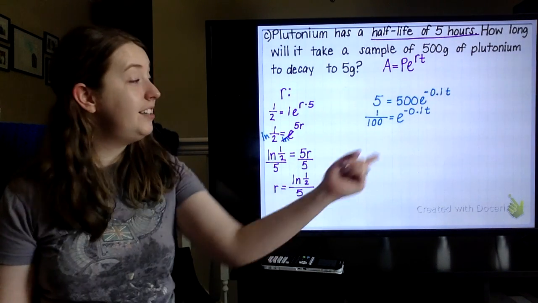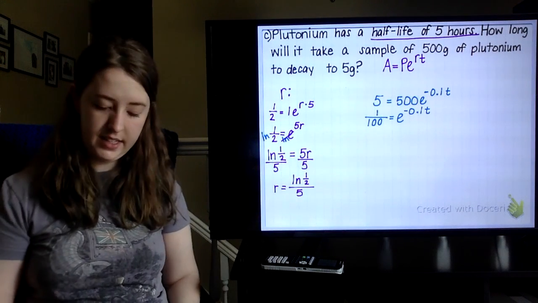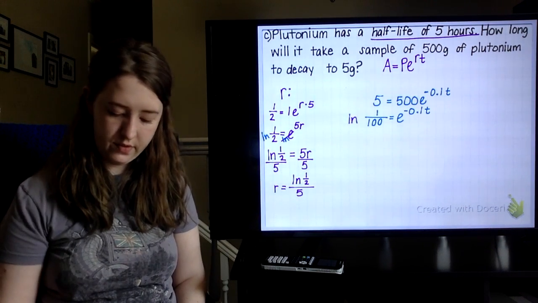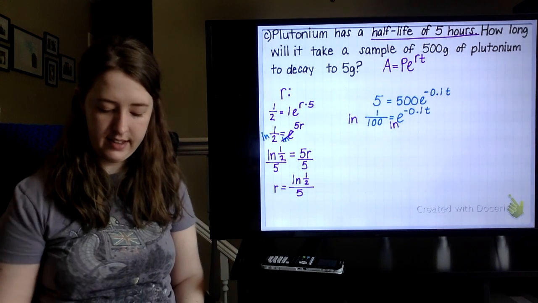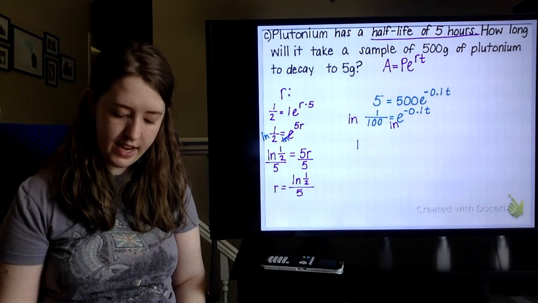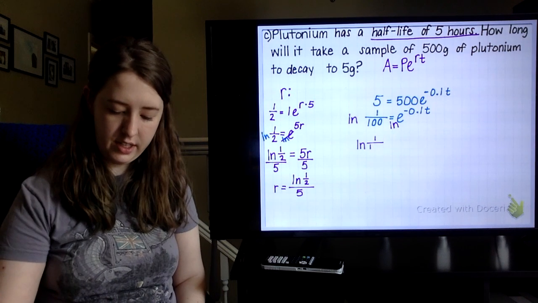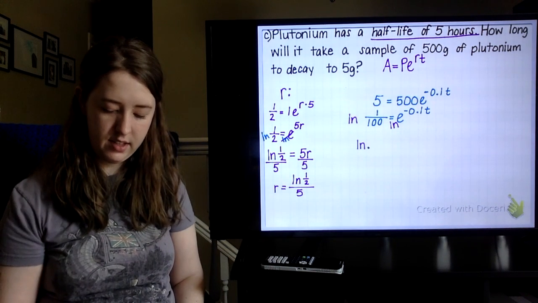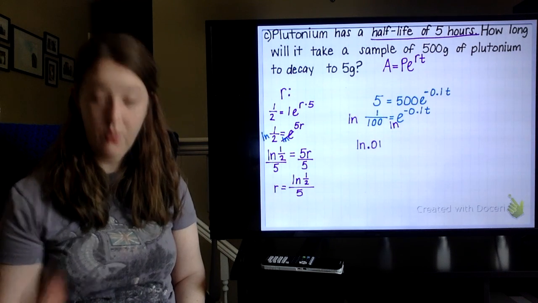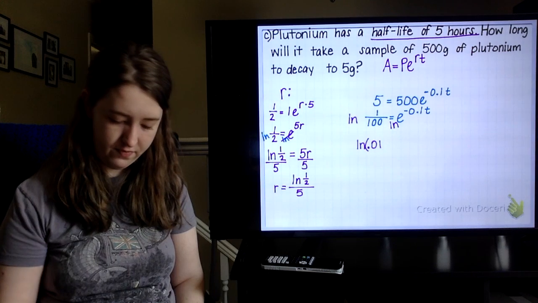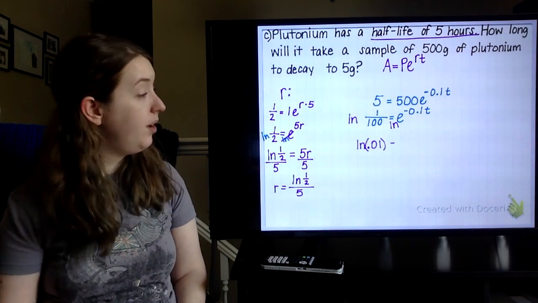Now I need to undo that e, so I need to take the natural log of both sides. So now I have the natural log of 1/100.